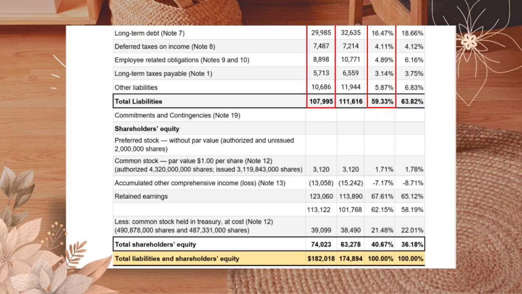The total liabilities is 107,995. We're going to divide it to the total asset of 182,018 multiplied by 100. Then the result is 59.33% for 2021. We could also add all the percentages of non-current liabilities and current liabilities.